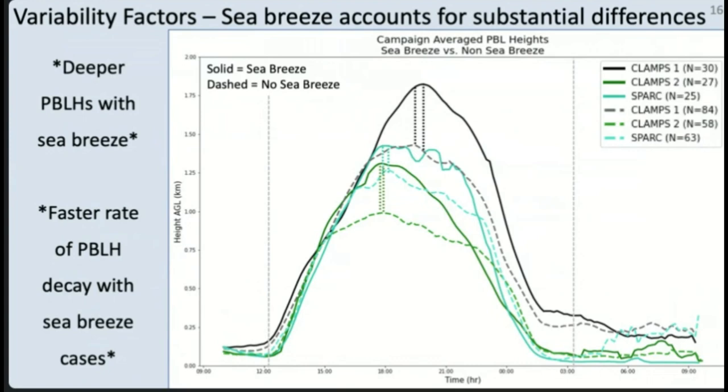But I just find it interesting to see that pronounced difference before the sea breeze passed. To some extent, it's not what I expected to see.